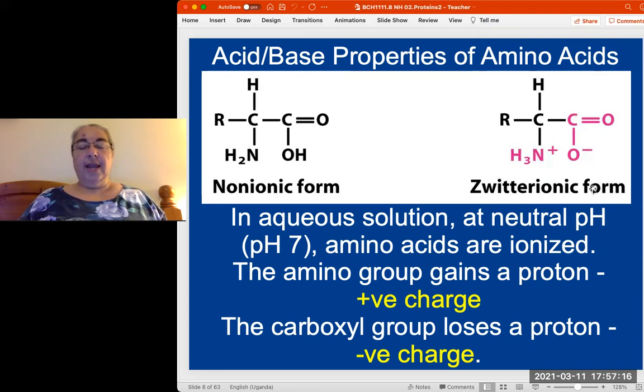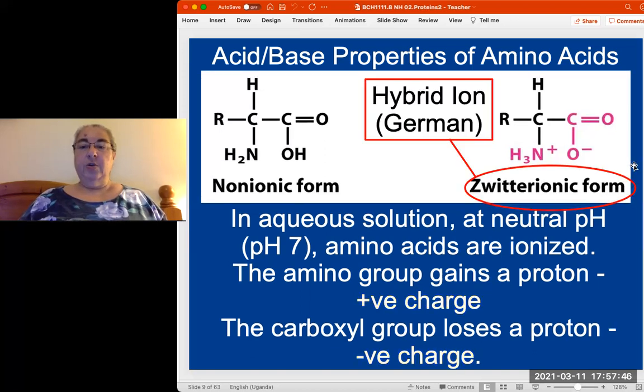So in an aqueous solution, in a water solution, at a neutral pH, at pH 7, amino acids are ionized. They are in this form. So the amino group gains a proton and has a positive charge, and the carboxyl group loses a proton and has a negative charge. And this form of the amino acid is called a zwitterion.